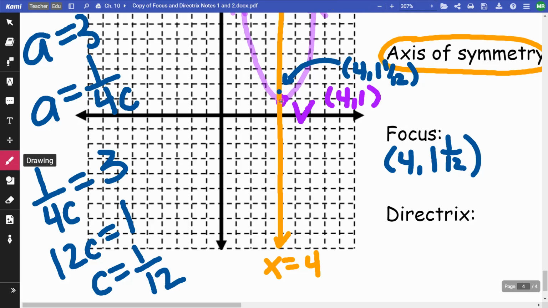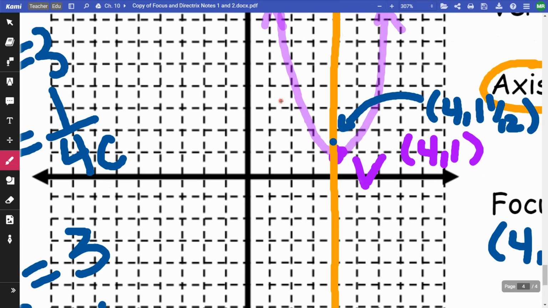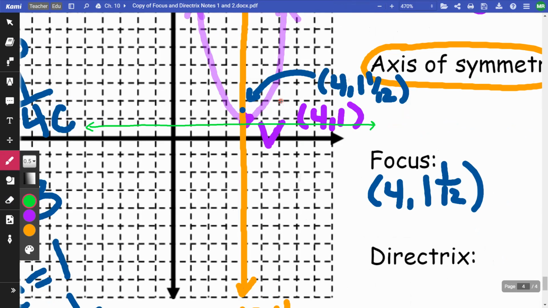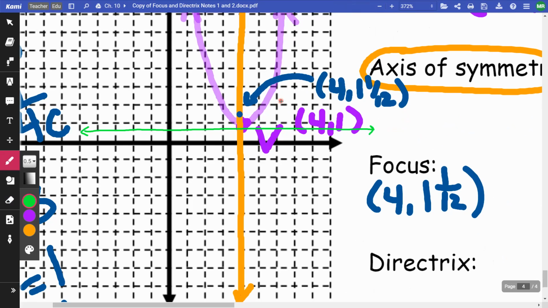1/12 below, okay, I'm going to zoom in for a second. 1/12 below that, let me maybe make it thinner. 1/12 below that is going to be my directrix. What would the equation of that be?